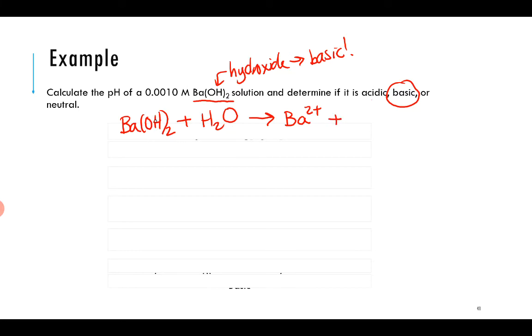And then the OH minus here will act as a base and grab a proton from water to produce H2O. And then the H2O will turn into hydroxide ions once it loses that proton. So now let's balance our equation. I see 2 hydroxide ions here and only 1 over here. So I'm going to add a 2 coefficient there.